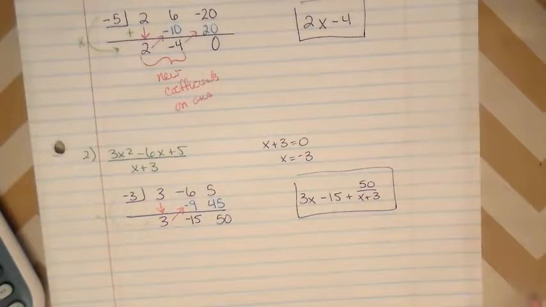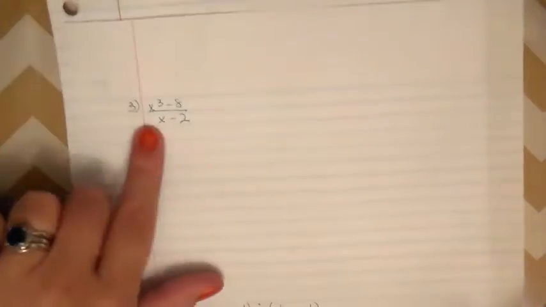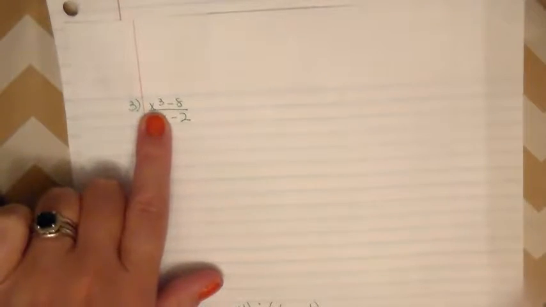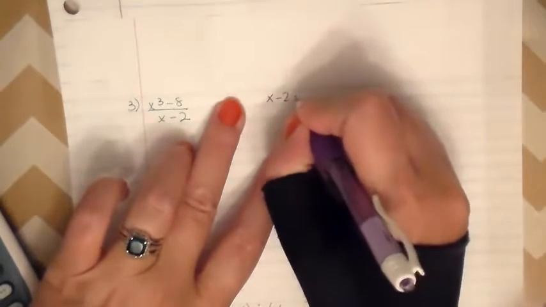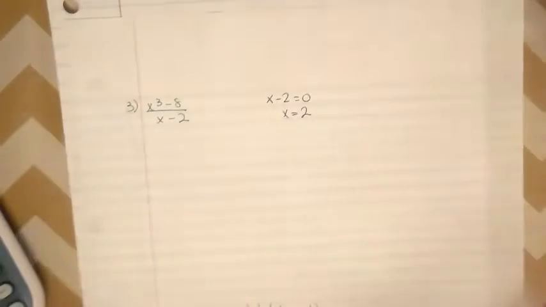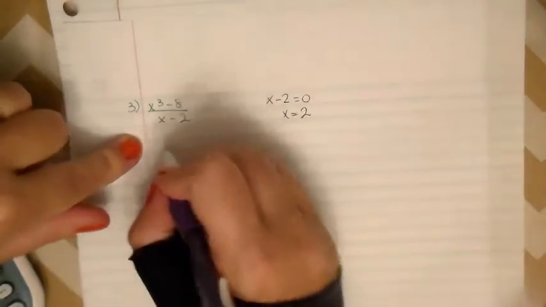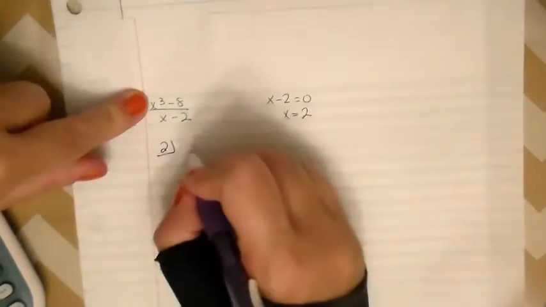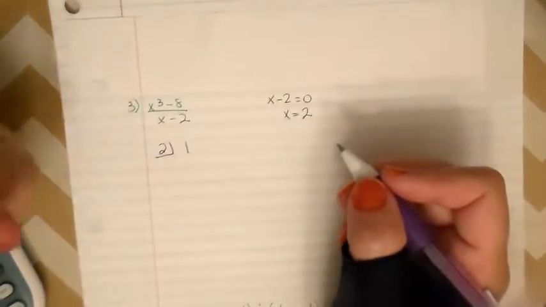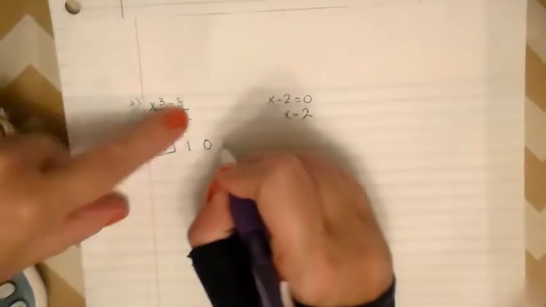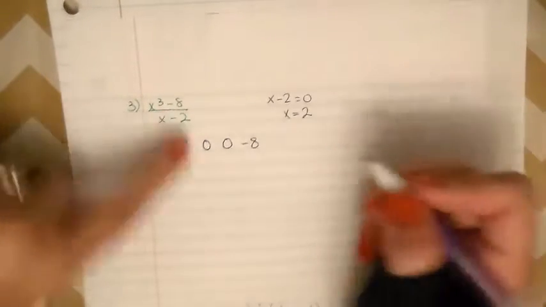Okay, let's do a couple more with synthetic division just to get some more practice. Here I have the x to the third. So again, I'm going to set my denominator equal to 0. X equals 2. Okay, so I put my 2 in the box. My first coefficient is a 1, so that's my x to the third. X squared, x, and then negative 8.